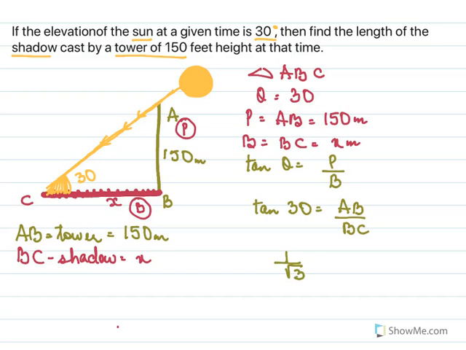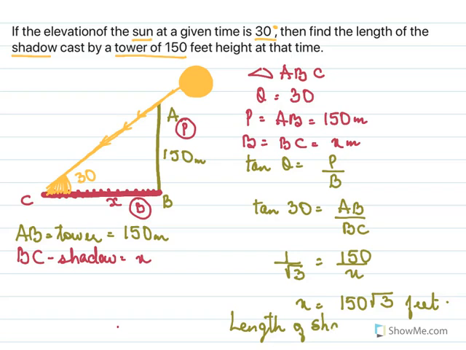Tan 30 is 1 by root 3, which equals 150 over X. When you cross multiply, X equals 150 root 3 feet. This is the length of the shadow (150√3 feet).